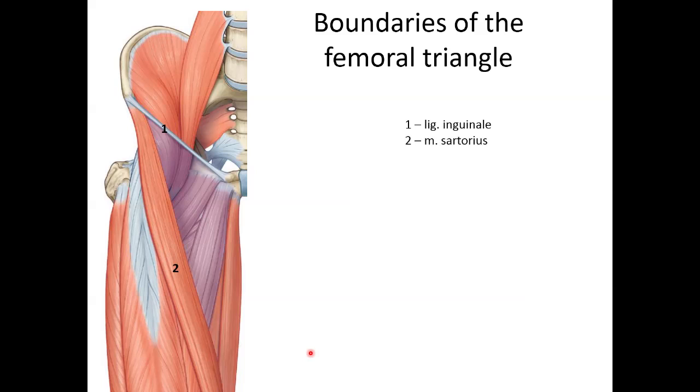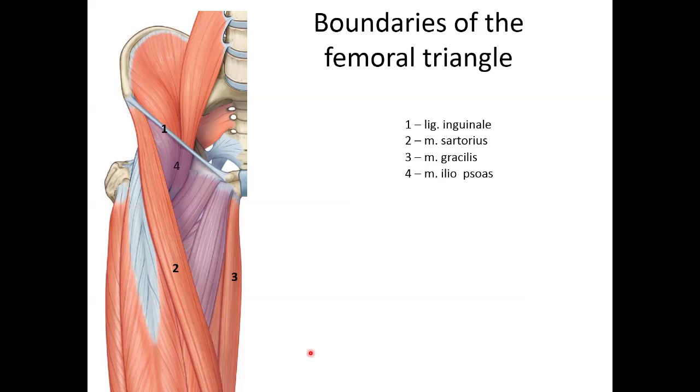Number 2, what is it? It's musculus sartorius. And number 3 is musculus gracilis. So here are the borders of the femoral triangle. And what muscles are located in this triangle? First of all, number 4, what is it?